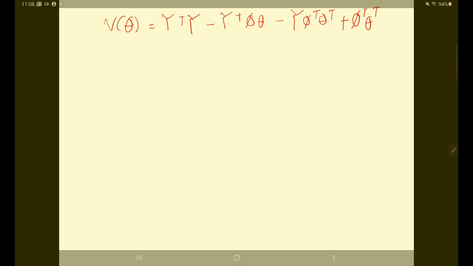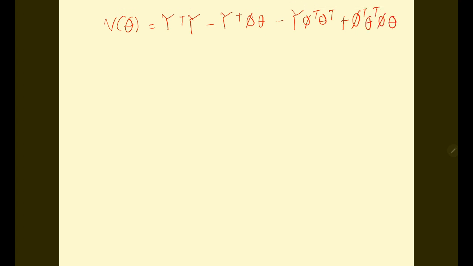V theta is equal to y transpose y minus y transpose phi theta minus y theta transpose phi transpose theta transpose plus phi theta phi transpose theta transpose phi theta.